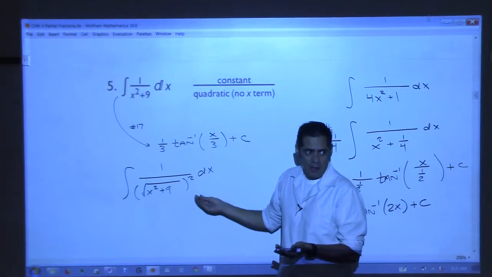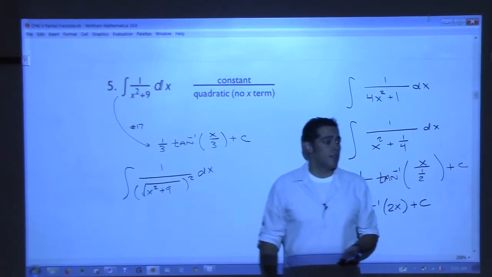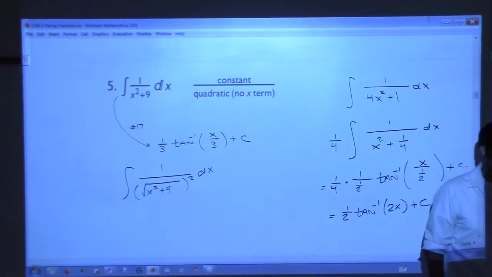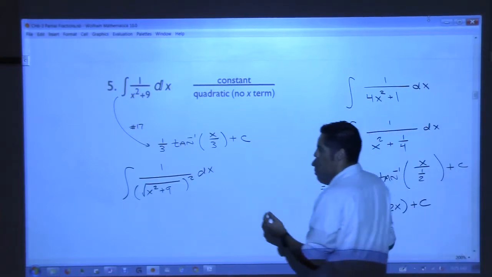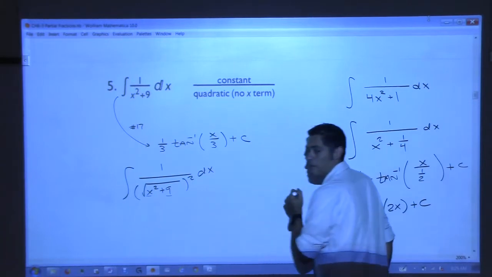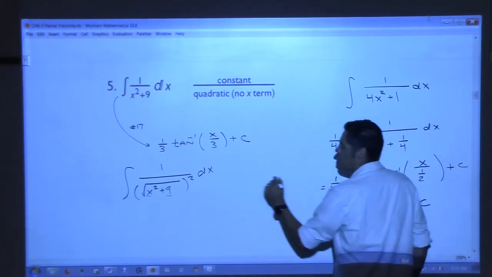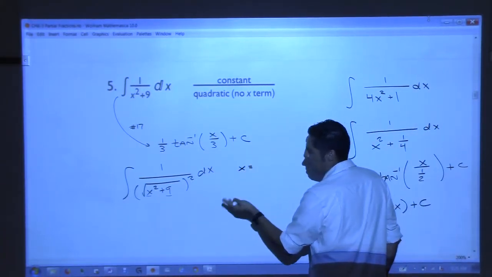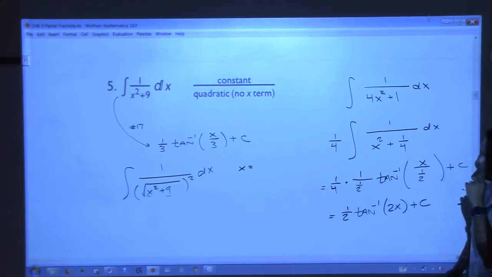That's just me being clever. Now I would use trig substitution. And remember in trig substitution, we notice we have something squared plus something squared under a root, right? So we would make a trig substitution, x is equal to, because they're added, it's x squared plus 9, it would be a tan theta. Okay? Yeah, because tan squared plus.